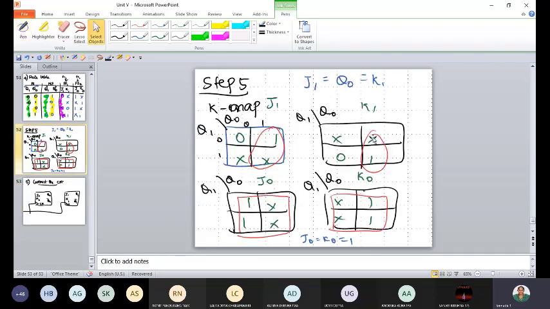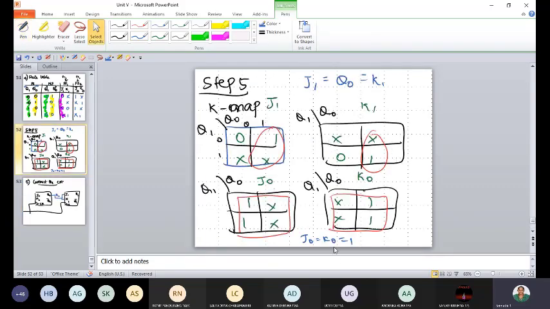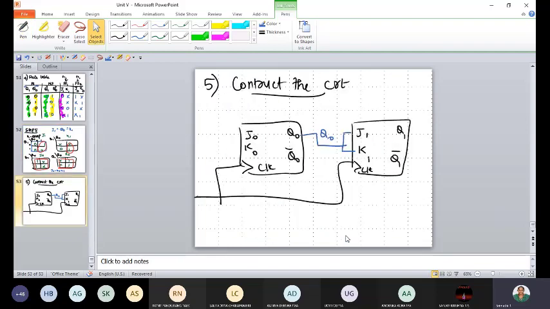According to the expression, J1 K1 is equal to Q0. J1 and K1 are the same, so tie these and connect them to Q0. J0 K0 is equal to 1, so tie these two and give them 1.